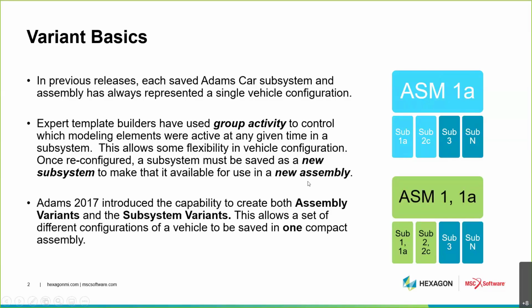In Adams 2017 and later versions, we introduced the capability to create what we call assembly variants and subsystem variants. The concept here being that a single assembly can now represent multiple configurations of a vehicle, which could contain potentially changes or differences at the subsystem level, or entirely separate subsystems replaced, or just variations at the component level of a particular subsystem.